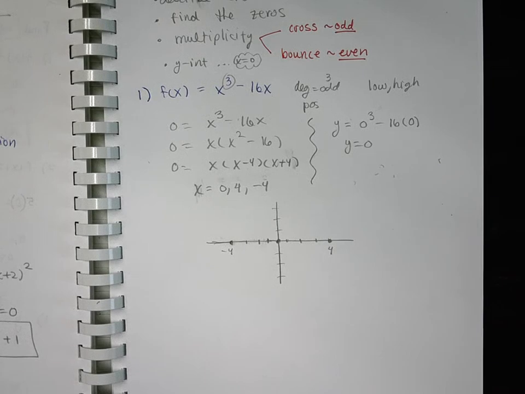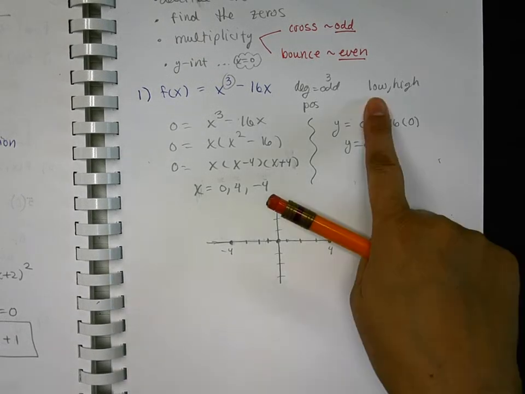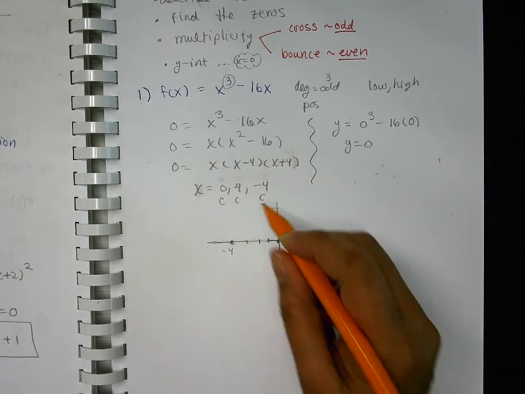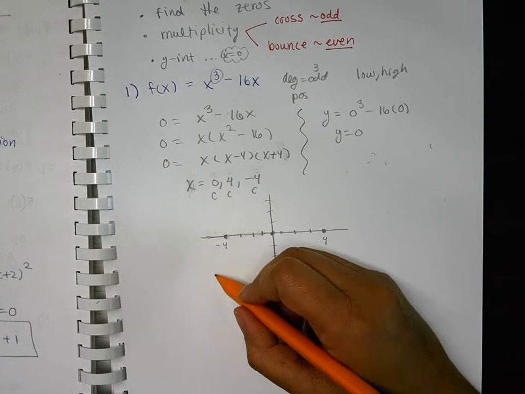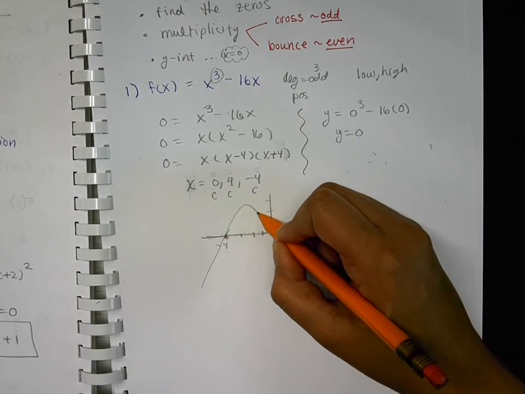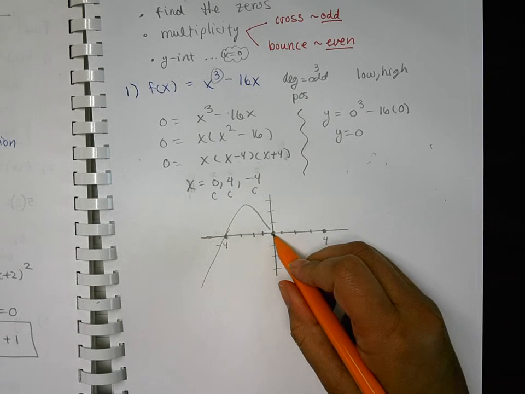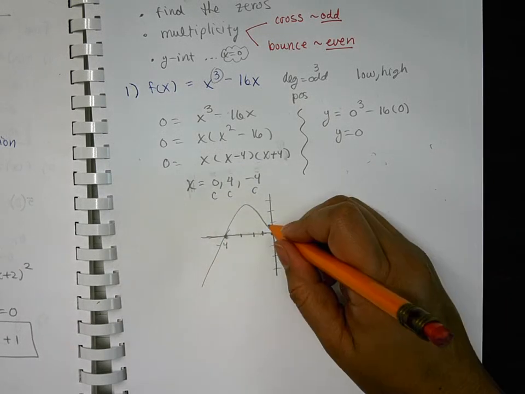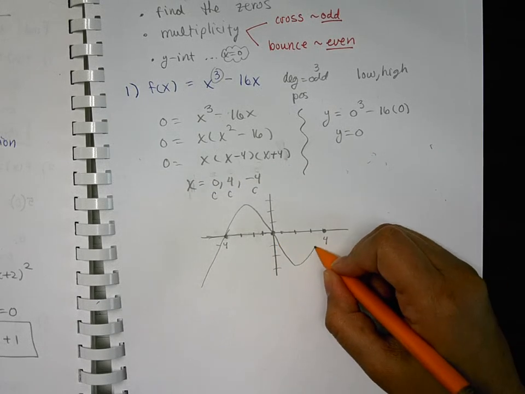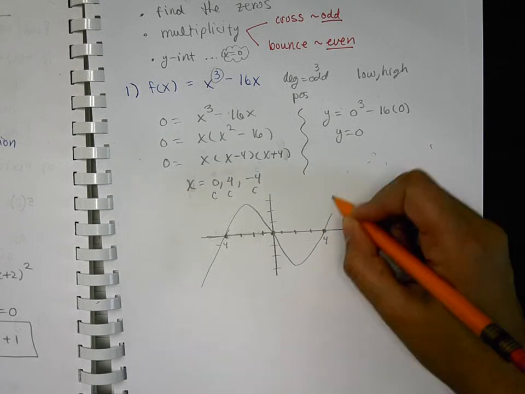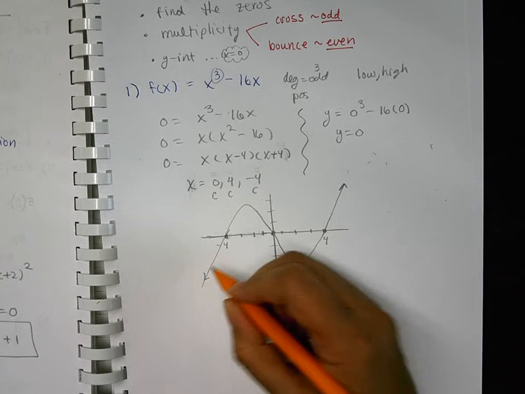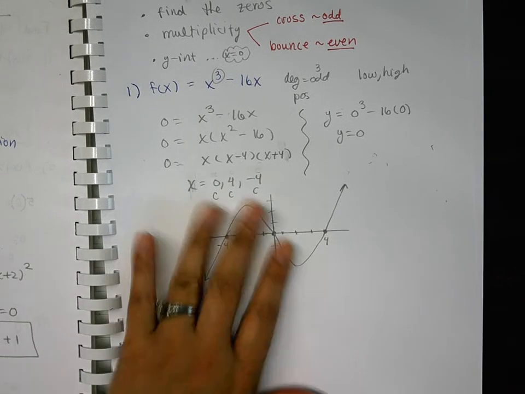We're going to start low and end high, and these are all crosses. So I'm starting on the left side on the bottom. I come up to the negative 4 and I cross. I don't know how far up I go, but I know I have to come back down to get to that 0. And when I get to the 0, is it a cross or a bounce? Cross. I don't know how far down I go, but I know I have to come back up to hit the 4. And after the 4, is there anything pulling me back down? Any more intercepts? So then from here I go up forever. Did I start low and end high? All right. Questions? Any of it coming back?